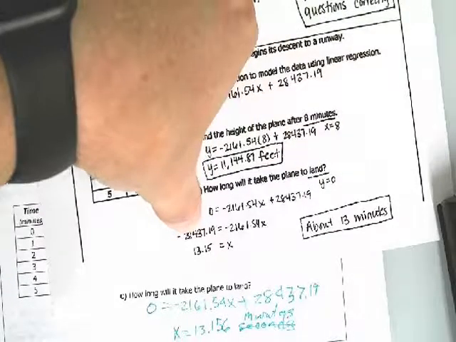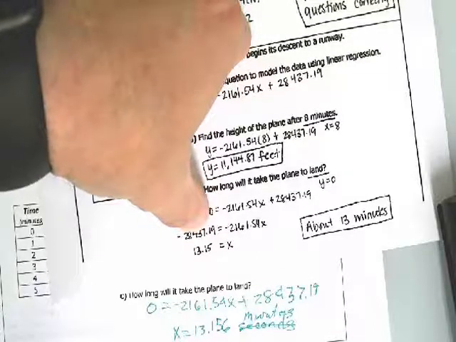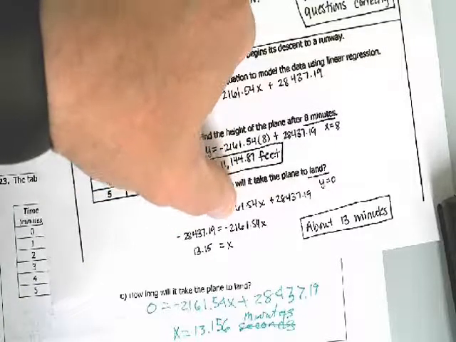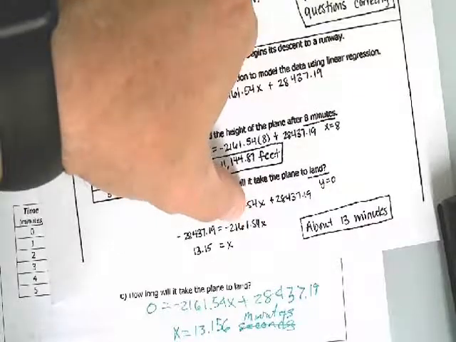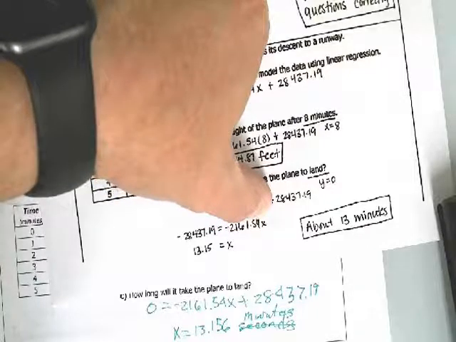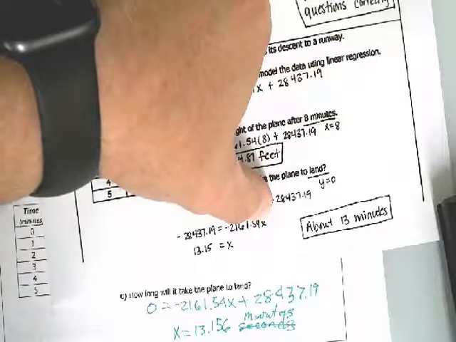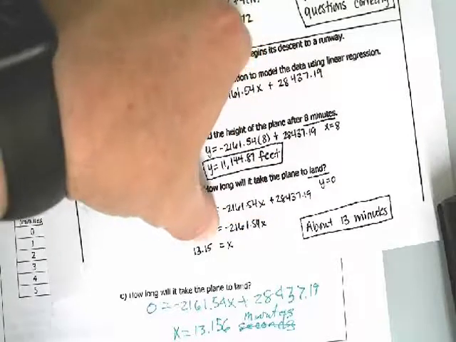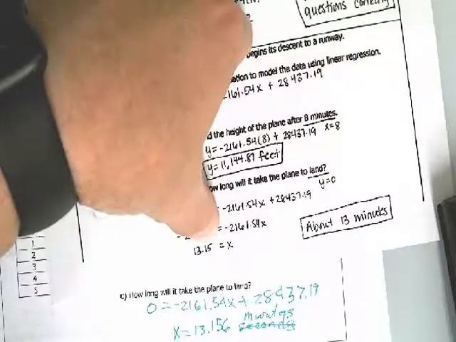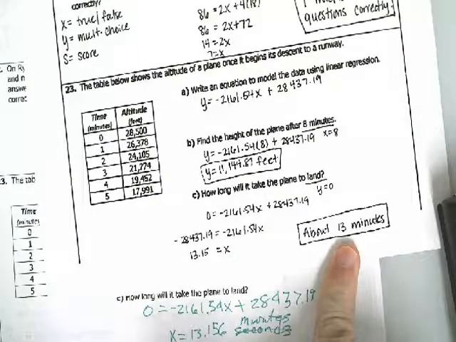We get this negative 28,437.19 equals negative 2,161.54x. Divide both sides by negative 2,161.54, and that gives you the 13.15 rounded. 13.16 actually is more accurate, but that's close enough. So it says about 13 minutes.